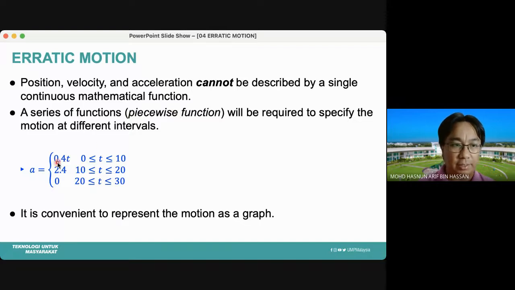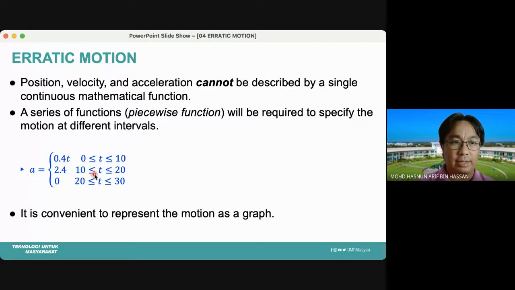Piecewise function ni macam mana? Macam ni. It is written in this way. Okay, a sama dengan, lepas tu kita ada the curly bracket here, 0.4t for t larger than or equal to 0 until t smaller than 10. So maksudnya 0 sampai 10 seconds, a is 0.4t.